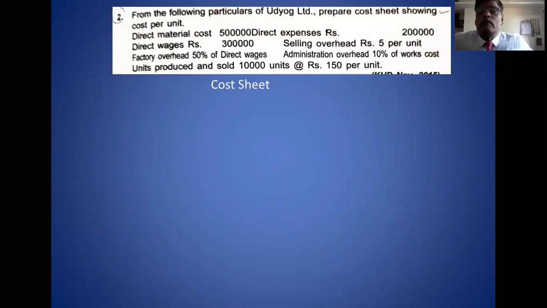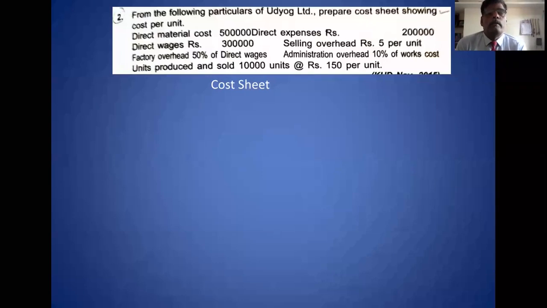Okay, this is the 5 marks question. You see the question. Is it visible to you people or not? From the following particulars of Udyog Limited, prepare a cost sheet showing cost per unit.